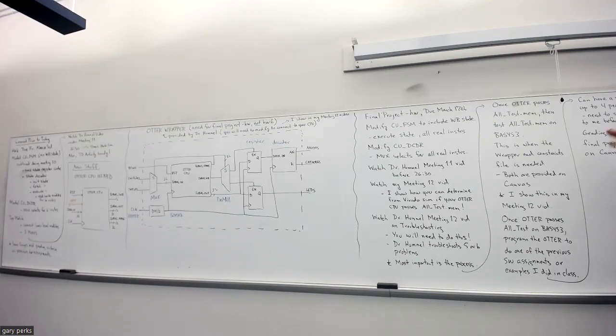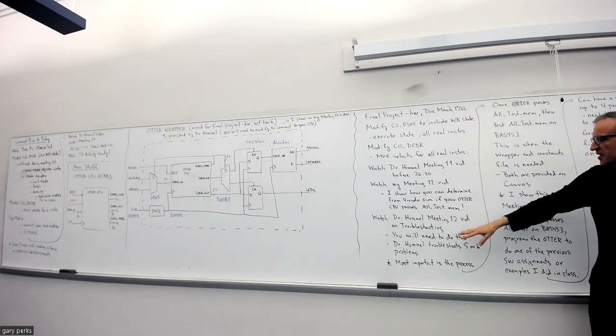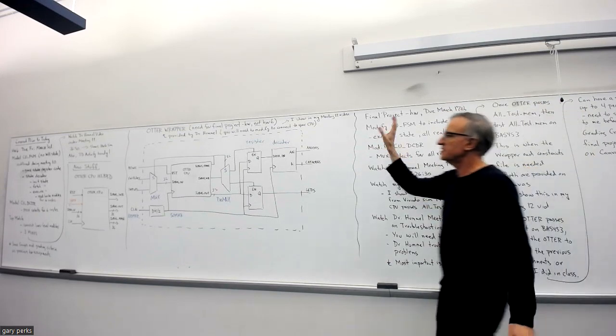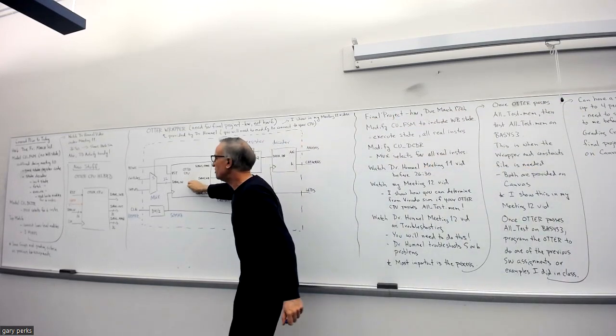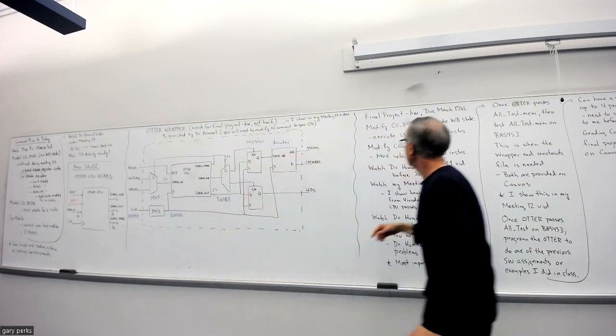Once your Otter passes the sim with the alt test and you've done the troubleshooting and it's all good, then you have to test that same alt test mem file on the board. And this is when the wrapper is needed. When you're doing this here, you're just testing the CPU, not the CPU along with the Otter wrapper.